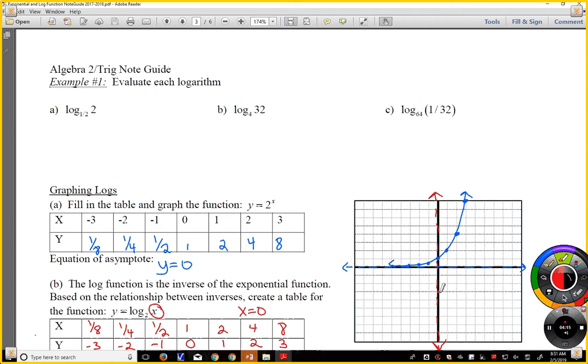That's real close to the asymptote. 1/4, -2. 1/2, -1. 1, 0. 2, 1. 4, 2. 8, 3. This is our logarithmic curve.